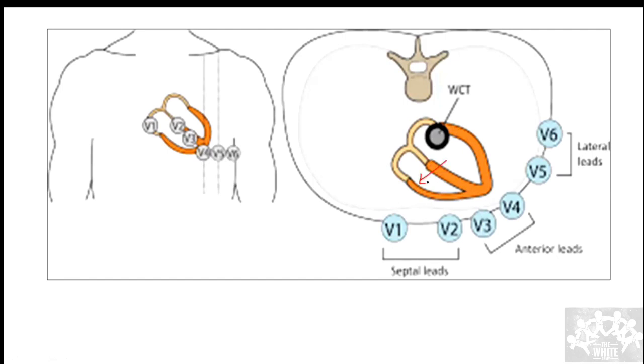So if this is the activation front, I'm taking only two leads here, V1 and V6. You tell me in which lead I'm going to see the Q wave and in which lead I'm going to see the R wave. So V6 will show negative or positive? We'll take V6.